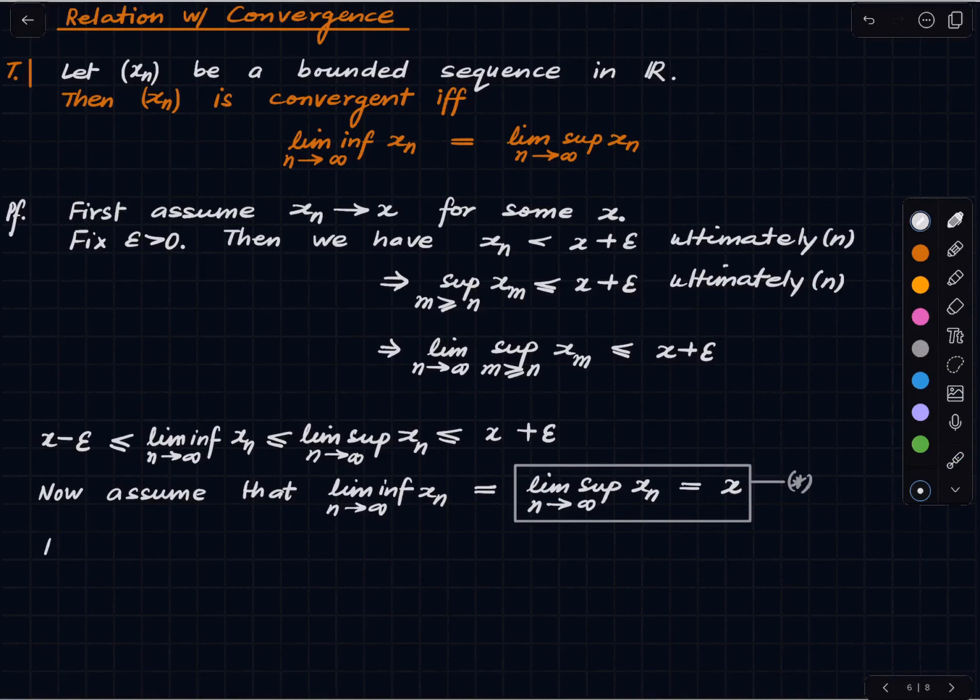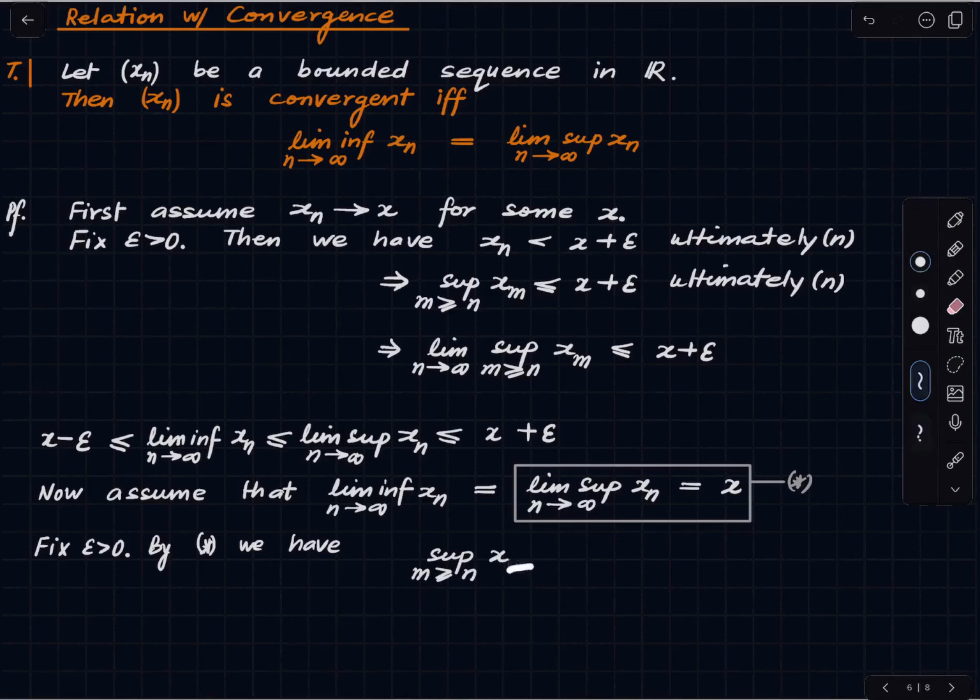By star, we have, again fix some epsilon greater than 0. By star, we have this supremum of the tail starting at n is less than x plus epsilon ultimately.